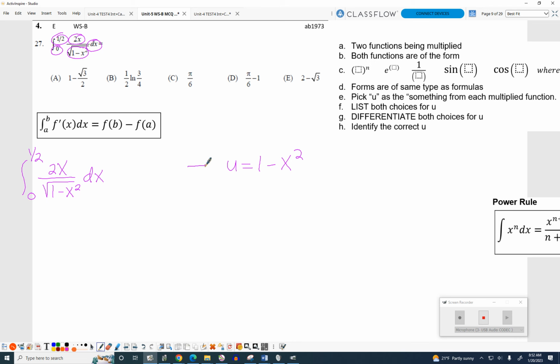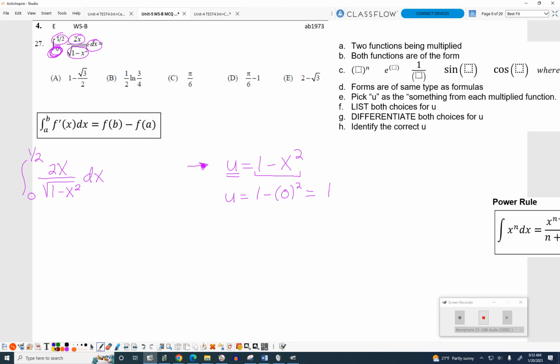How do we convert from an integral using x equals 0 to an integral using u? It says right here, if you want to find a value of u, there's your formula. So if your x is 0, what's the u value? 1. So u is equal to 1 minus 0 squared. 2 points for Chris. U is equal to 1.